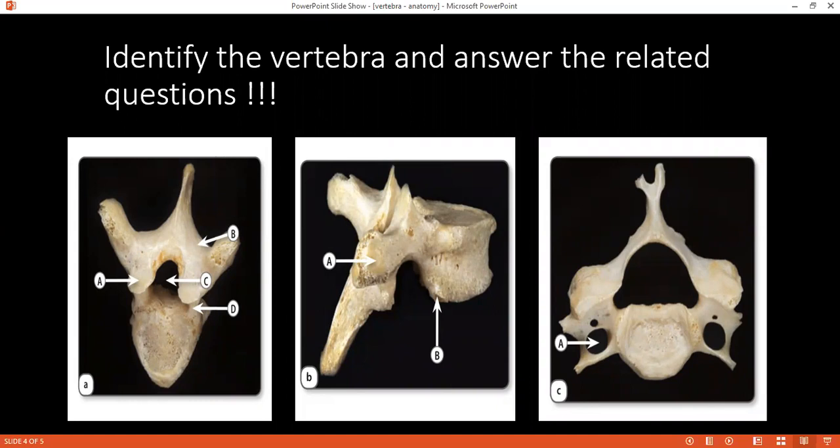Yes. And through A will pass the vertebral artery, right? B is lamina, the vertebral foramen, and D is pedicle.